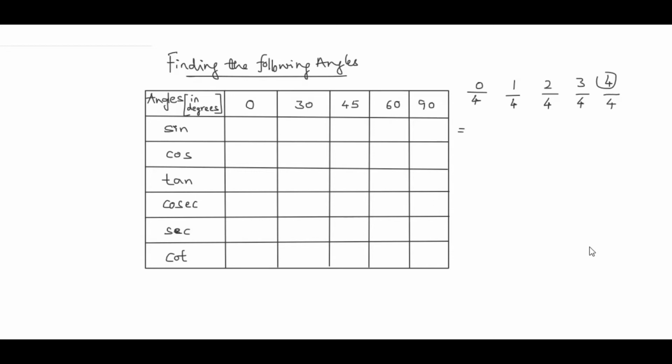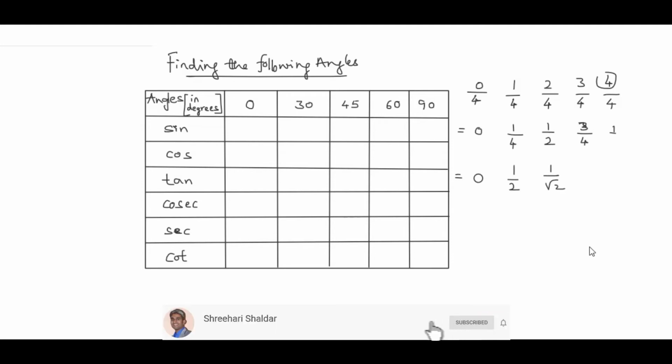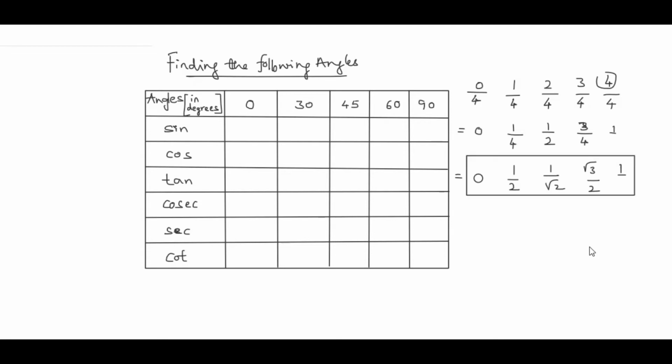Writing these values, that is 0, 1 by 4, 1 by 2, 3 by 4, and 1. Now take the root of all these values. Root of 0 is 0, root of 1 by 4 is 1 by 2, root of 1 by 2 is 1 by root 2, this one is root 3 by 2, and this one is 1.